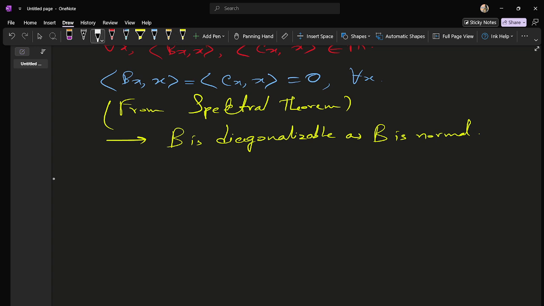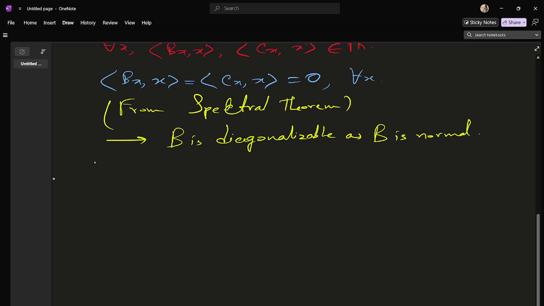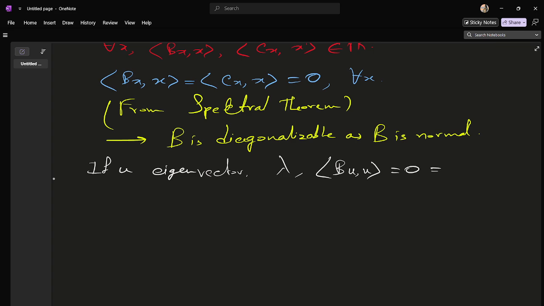Now if u is an eigenvector associated to the eigenvalue lambda, then Bu, u will be 0, equal to lambda times u, u.